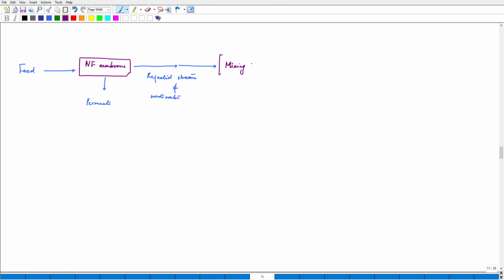So a mixing tank is present here, and this mixing tank is basically picking up the reject wastewater stream coming from the NF membrane, and this is basically organic solvents. Organic solvents that can be miscible with water. This leads to generation of a solution of water and organic solvents, and we have a settling tank.